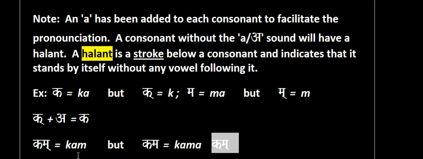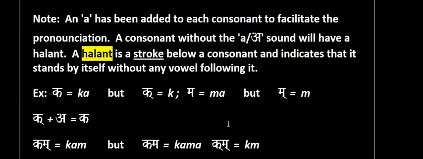This would not give you gam, and it would not give you kama either. It would actually give you kma. So let me write that. With a ka and a halant and a ma with a halant, it would actually give you kma, kma. Okay? So that is what a halant does.